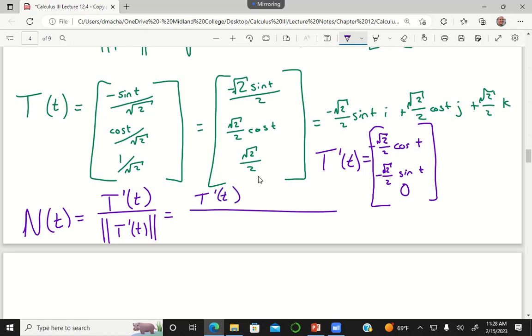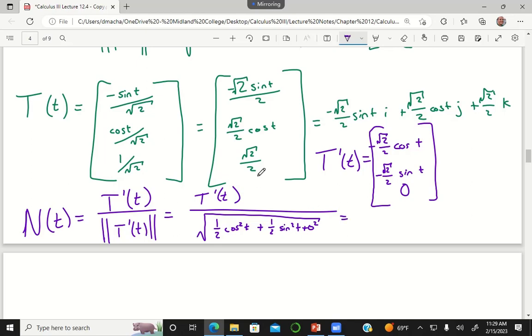The norm of T prime of t is going to be the square root of, and I have to square each component and then add them together. So root 2 squared is 2, 2 squared is 4, so that's 2 over 4, which is 1/2 cosine squared t plus 1/2 sine squared t plus 0 squared.